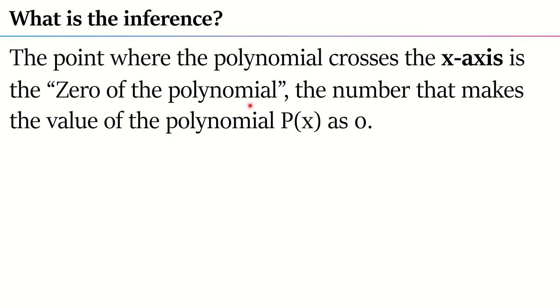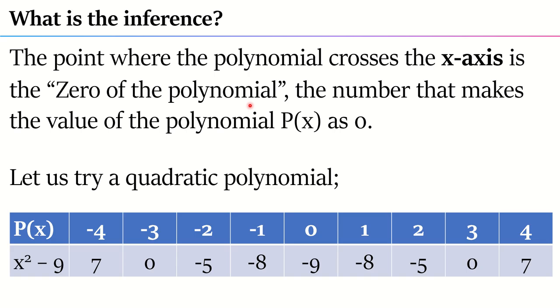We will extend the same observation and calculation to a quadratic polynomial. For this quadratic polynomial I have considered the same equation x squared minus 9, which we saw a couple of videos back when we discussed the 0 of a polynomial.